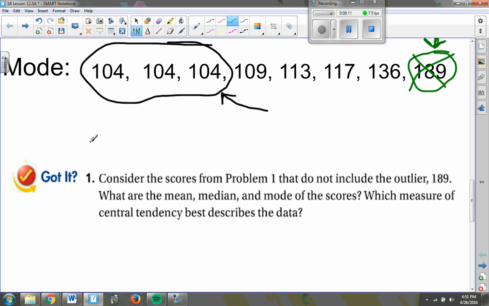Just as a hint, you should not have an outlier anymore. No more outliers because we took out the 189. So pause the video, take a look there, then come on back and I will show you what we should get.